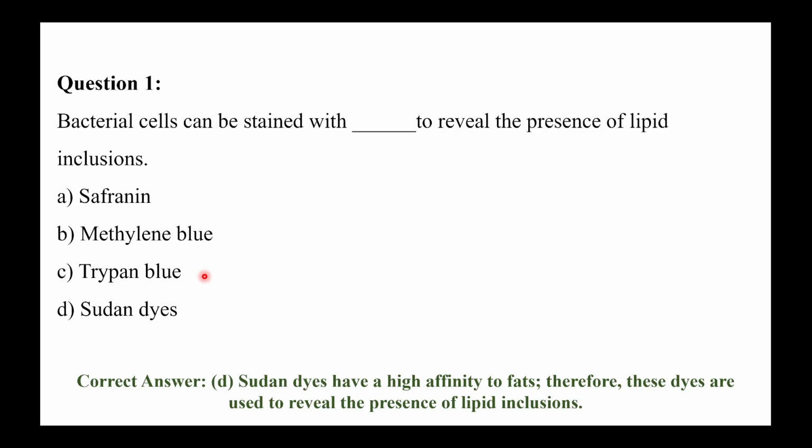So what happens is, the cells that are dead start rupturing their membrane, and there are gaps in the boundary of the cell, so that allows the trypan blue to enter. So only the dead cells will appear blue in color, and the live cells will have no color.